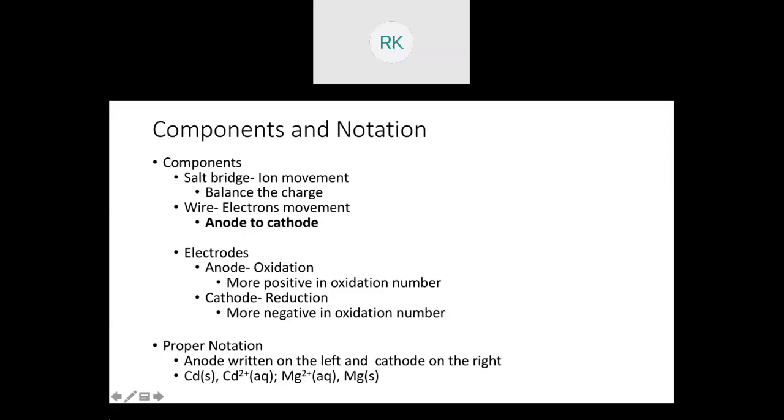On the right-hand side is what is occurring at our cathode, which is a reduction reaction. Our reactant for that would be Mg2+, and that is reduced to Mg solid, right? And you'll notice there's a semicolon between these. On the left side of the semicolon is our anode, which is our oxidation. On the right side of the semicolon is our cathode, which is our reduction.